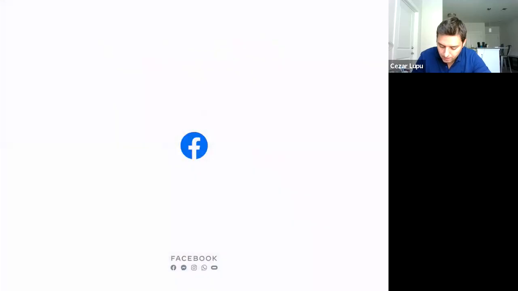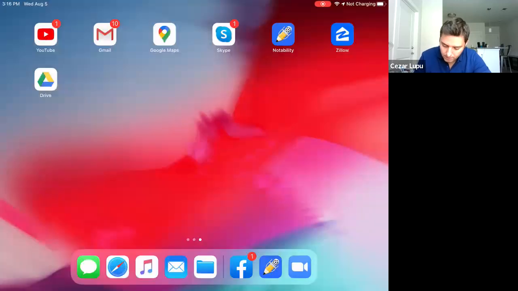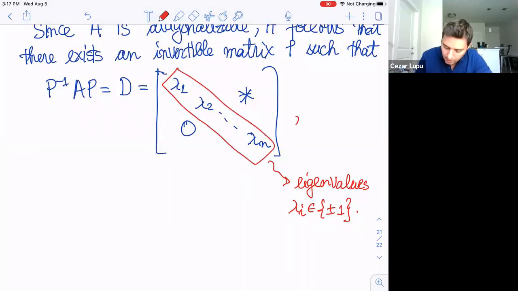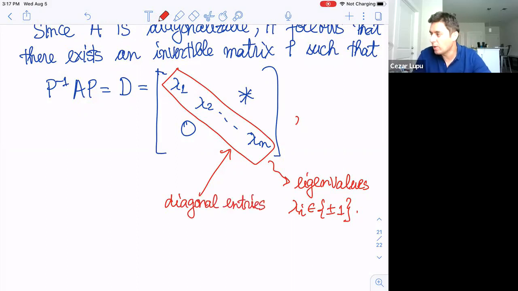The diagonal entries of D are all of them negative 1, 1, right?